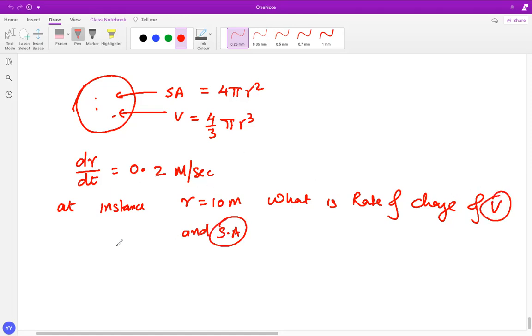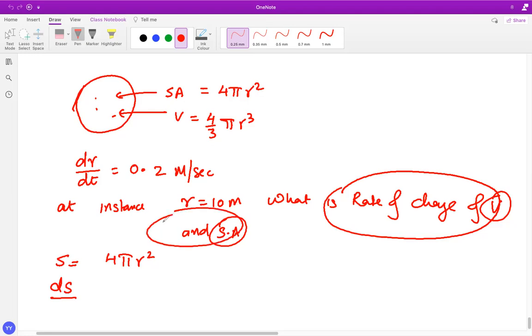So let us have a look at this relation first. Surface area is given by 4 pi r square, and because I'm asking the rate of change of volume and surface area, the rate of change of the quantity is related with time. So dS by dt, as I said earlier, 4 pi r square, you do the normal derivative. So 4 pi times 2r, but you differentiated variable r, which is dr by dt.